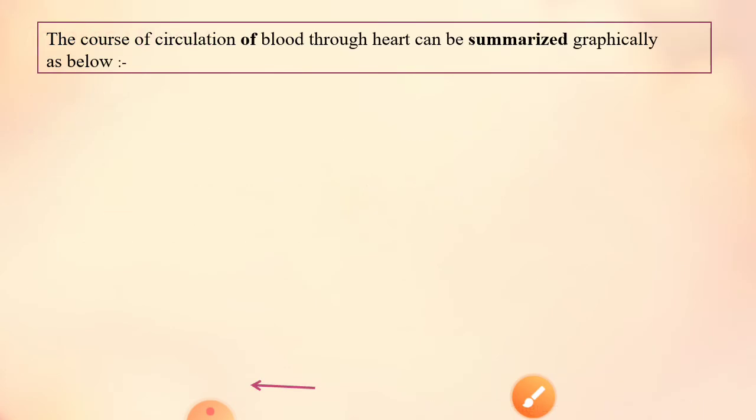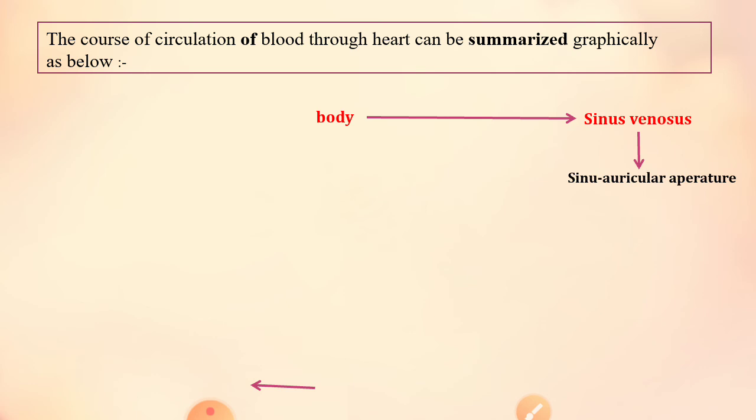And finally, here is the course of circulation of blood in the heart. Suppose this is the body. The impure blood from various parts of the body is collected into the sinus venosus, and through the sino-auricular aperture the blood comes to the right auricle.